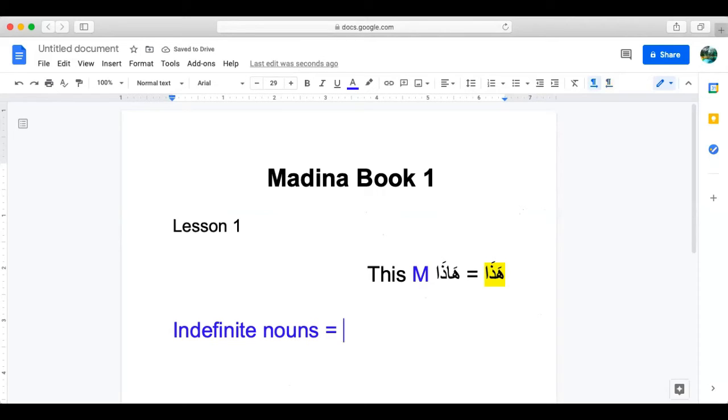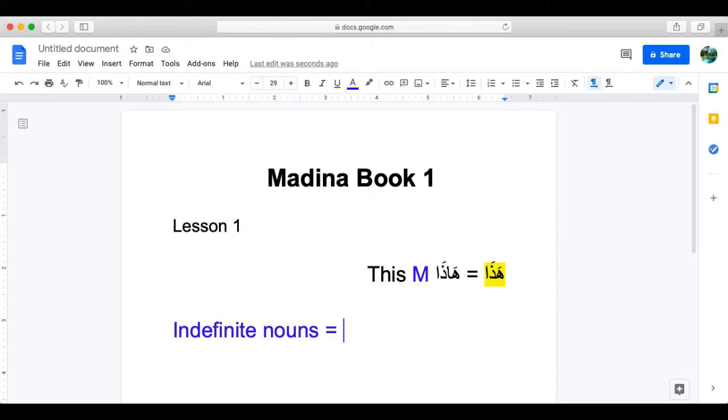So nouns can be names of people: Mahmoud, Muhammad, Zaid, Mikhail, Hamza, whatever names. Aisha, Fatima, Khadija, Sarah, these are nouns, proper nouns, the names of people. But there's also nouns, for example, policeman, building, car. All these are names of something. So nouns are those. So indefinite nouns are what?